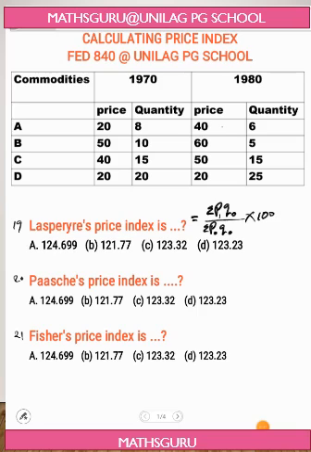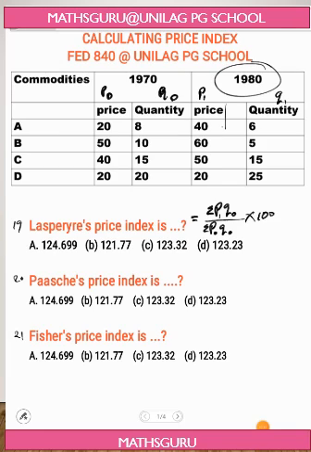Now P sub 1 represents the current price, and the current year is 1980, so the current price will be all this column. This column represents the current quantity Q1, this will be the base price column, and here will be the base quantity column.